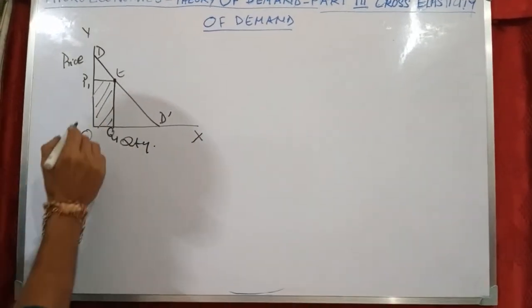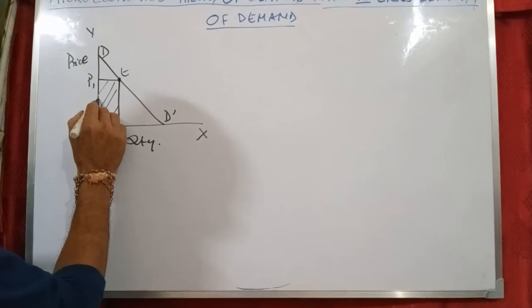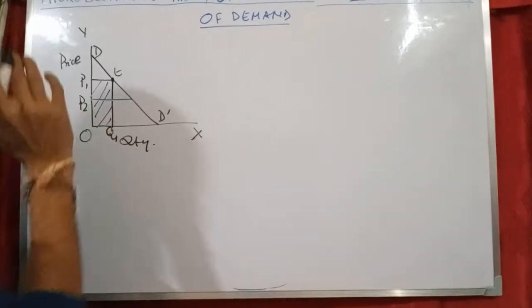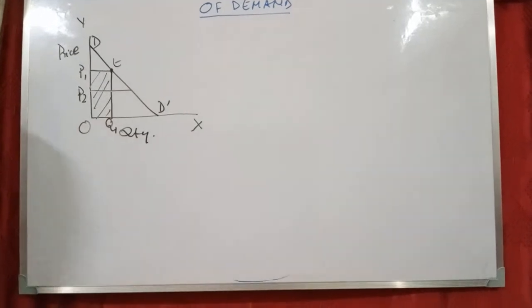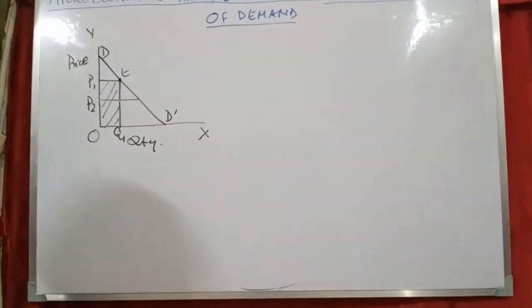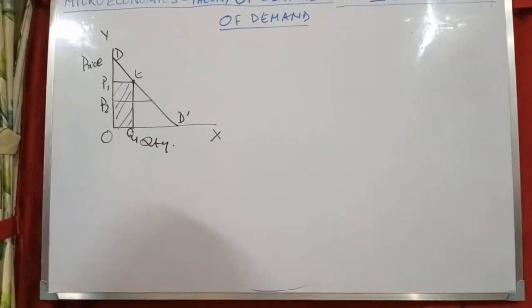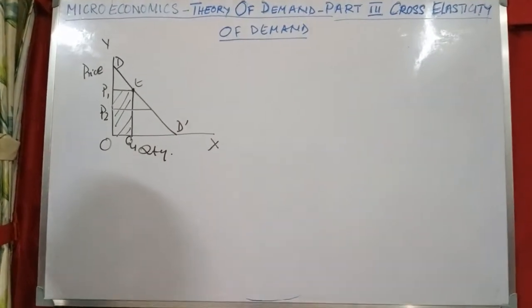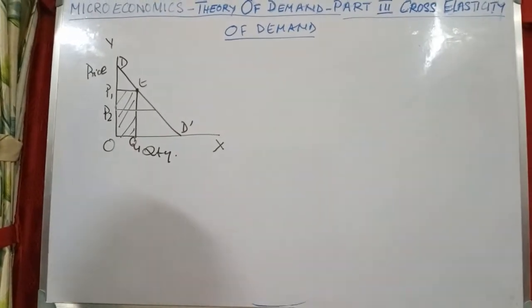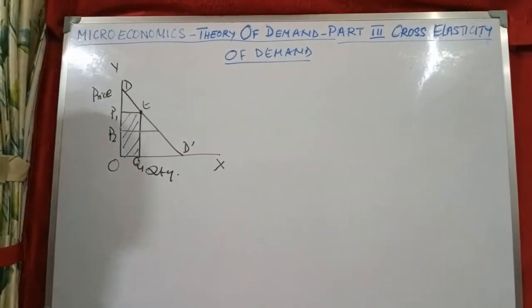Now suppose the price of the commodity falls to P2 without any change in the income of the consumer and prices of other commodities and other factors that influence quantity demanded, that is tastes, preferences, etc.